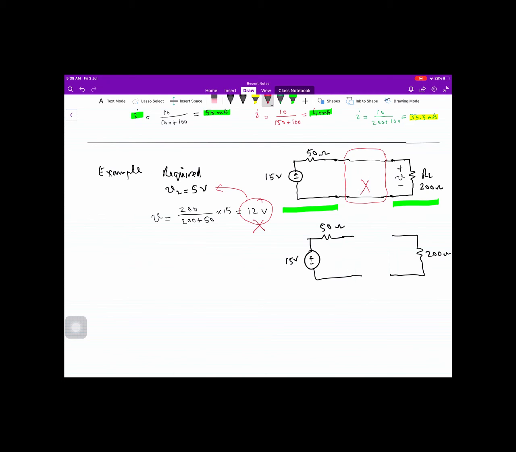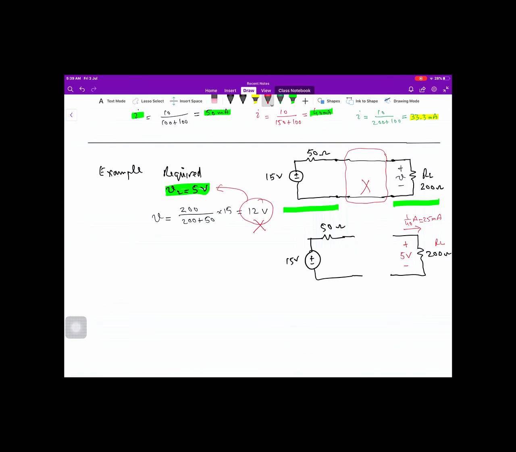As the output over here, due to the required condition, is 5 volt, we know the voltage across the load resistance, and we know the value of this load resistance. Therefore the current is 1 by 40 ampere, or 25 milliamperes.